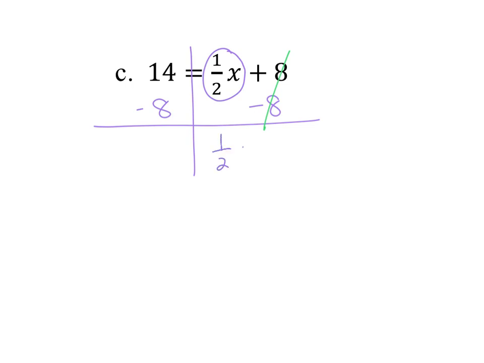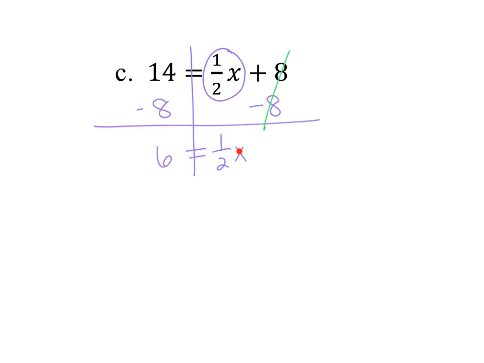So I'm going to write 1/2 x because that's what I was left with. And then on the left side, I can combine these because they're like terms. So 14 minus 8 is 6. So my equation is 6 is equal to 1/2 x. Now notice this is a fraction being multiplied by a variable.